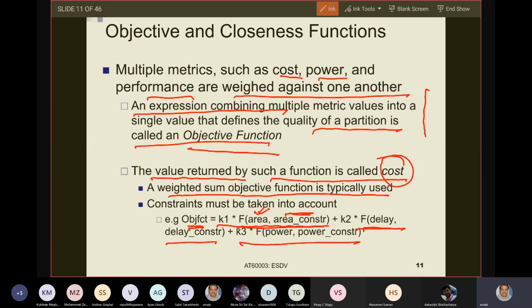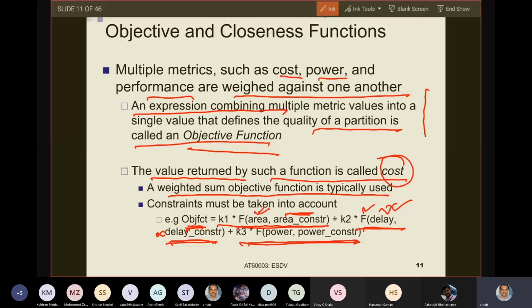For example, for delay, you have a current end-to-end delay, and you have a delay constraint. How well the partition performs in terms of the delay with respect to the delay constraint will be returned by this function. Similarly for power, and then all these three taken together give you the overall objective function.